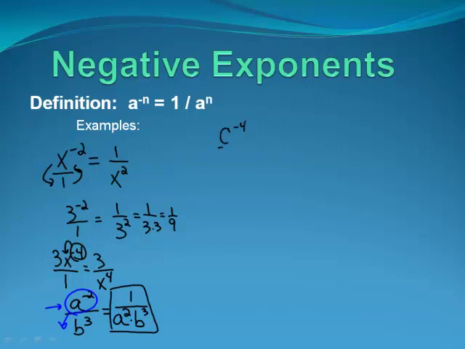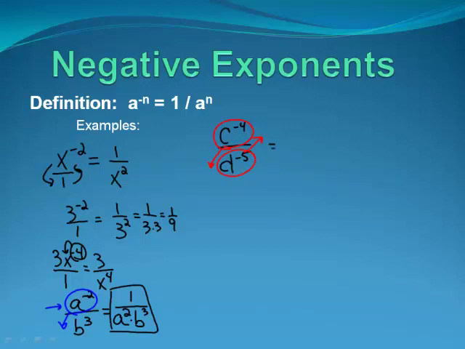All right, let's look at this example: c to the negative 4th divided by d to the negative 5th. Here, both of these bases have negative exponents applied to them. So we're going to make those into positive exponents by taking the reciprocal. Again, taking the reciprocal just means shuffling them around in the fraction. So we're going to pull the c base down into the denominator, and we're going to pull the d base up into the numerator.